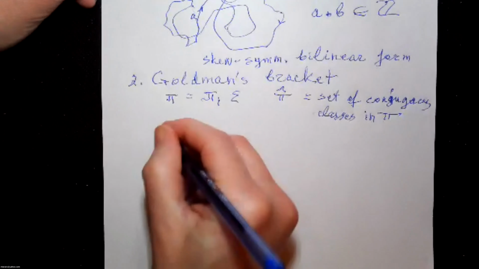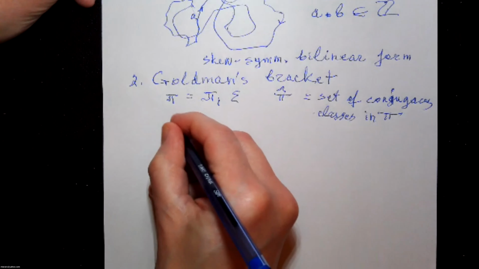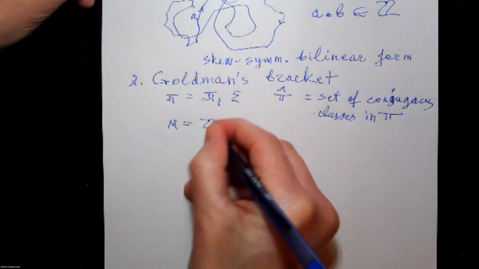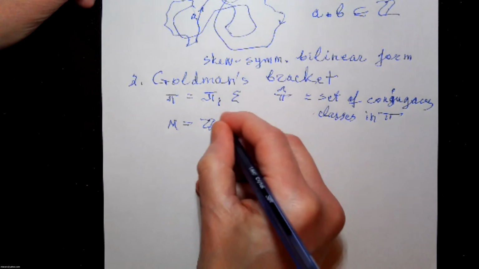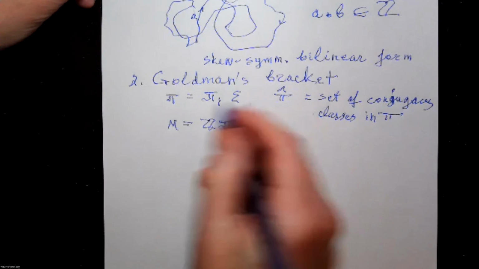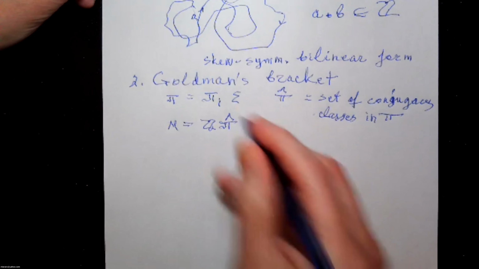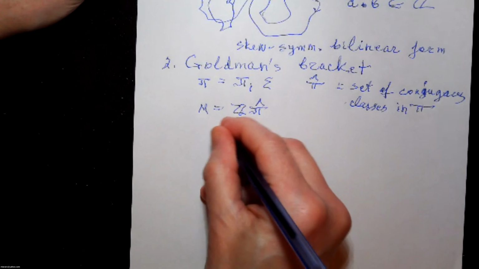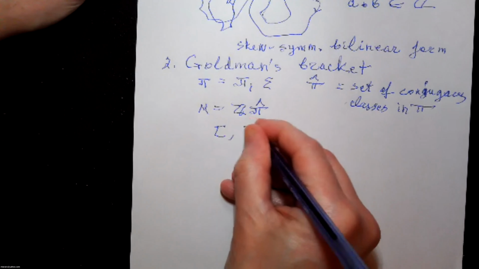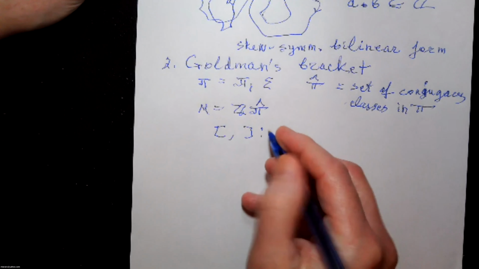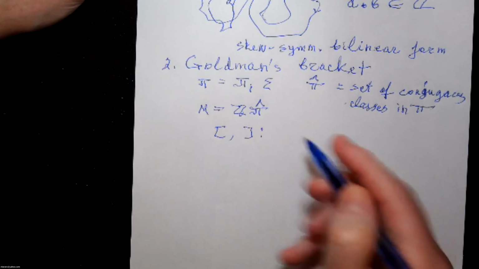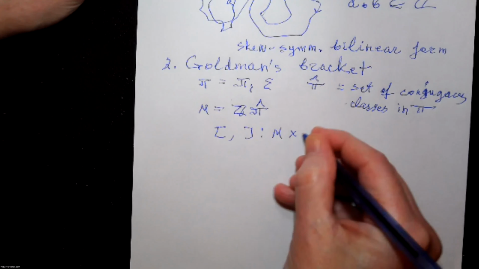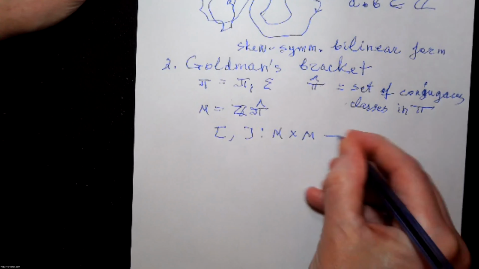And then you take the module M, the free module with basis pi hat. Now, the bracket here is a bracket in this module M. Well, a module, it's just an abelian group. So M cross M to M.